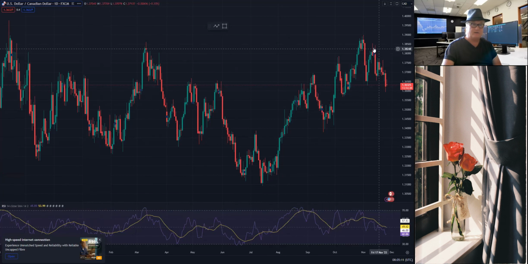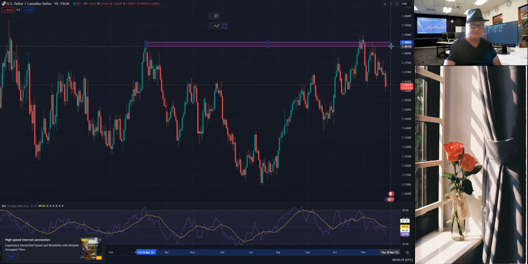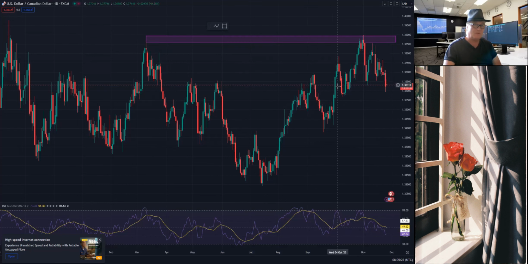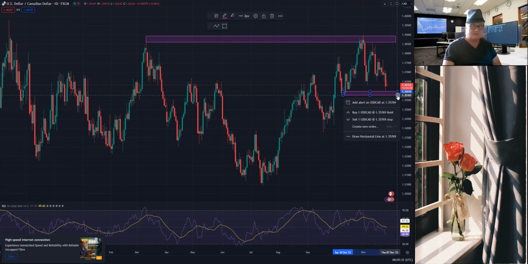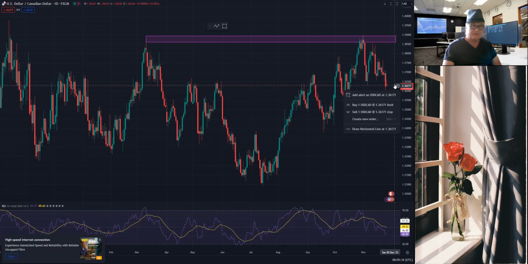And on the daily, if I look at this, you've got a nice sort of resistance up here. It actually goes quite far back, it goes up to there. And you just have to be careful because you are already quite down to the area where it's at.